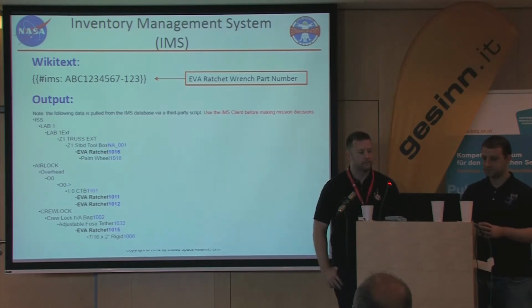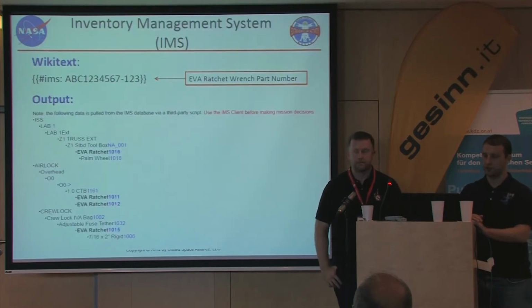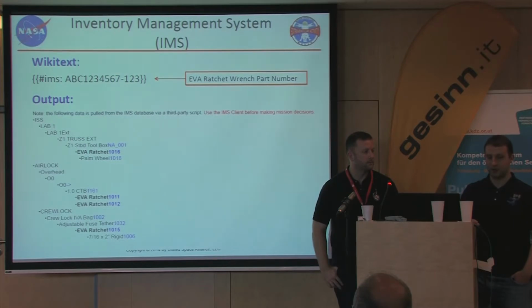And one other future improvement will be a bot that allows us to run this IMS query on occasion and save it to the page, basically look and see if the IMS locations have changed since last time, and if so, save it to the page.